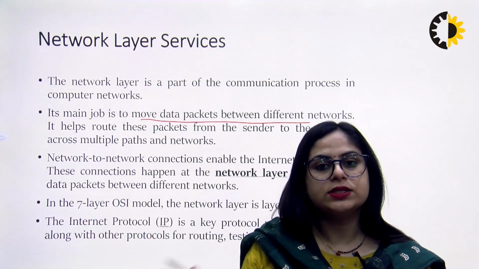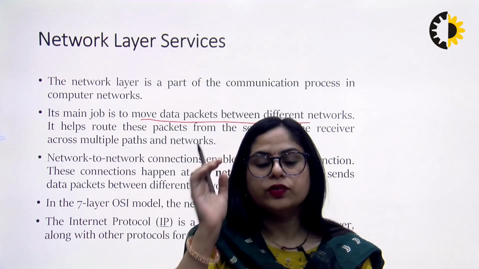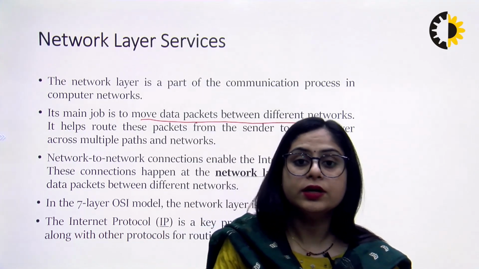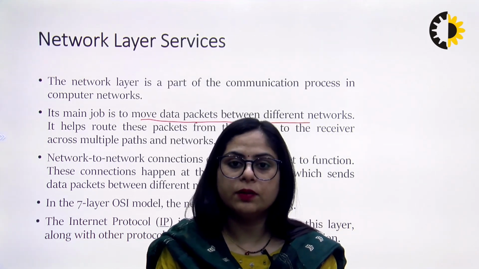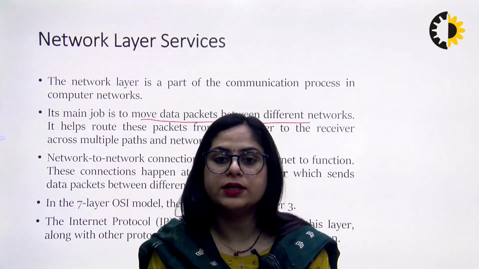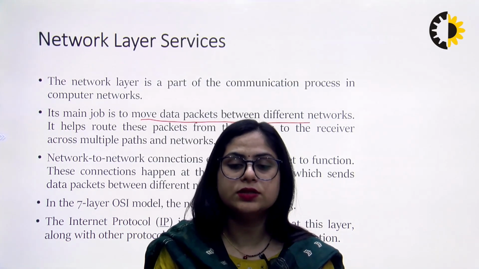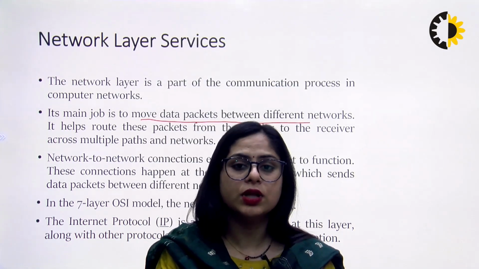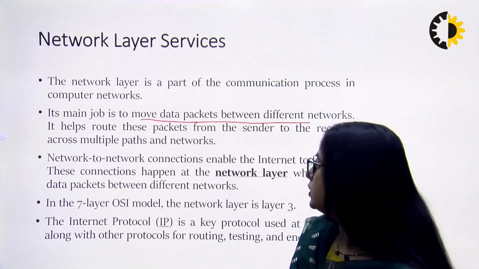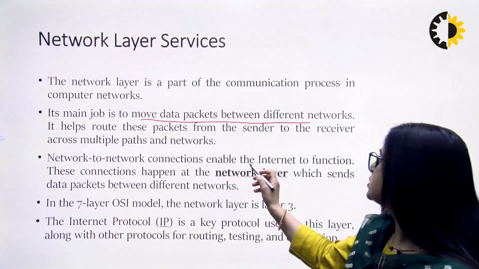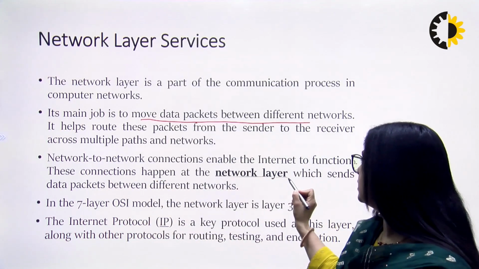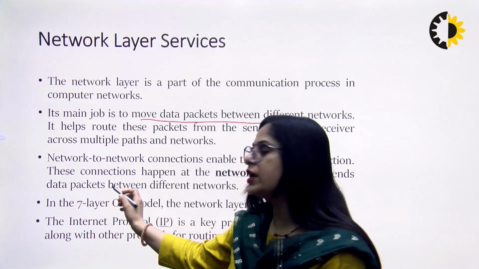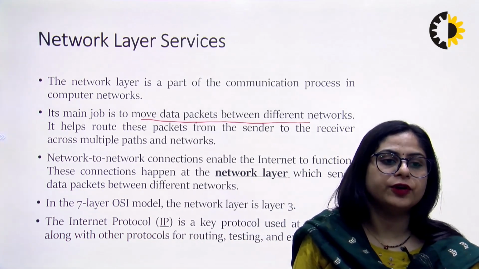The data goes to the receiver, but it finds different paths to reach the destination. After that, network-to-network connections enable the internet to function. These connections happen at the network layer, which sends the data packets between different networks.